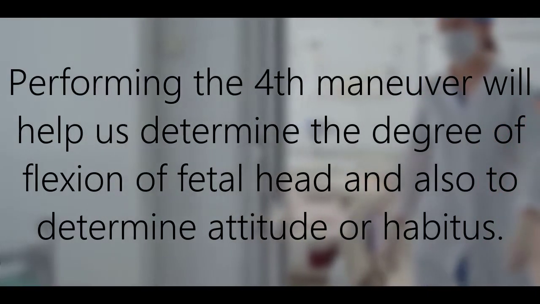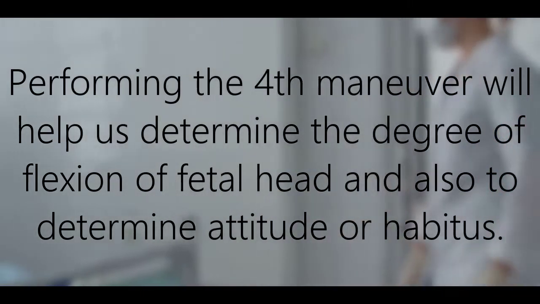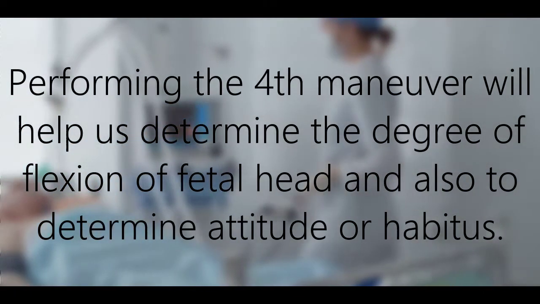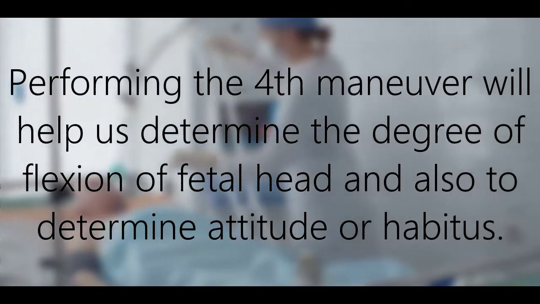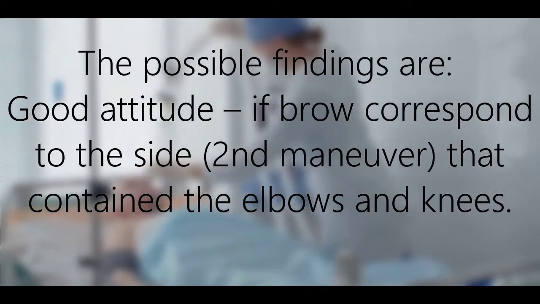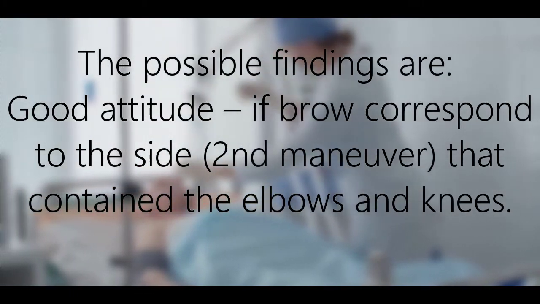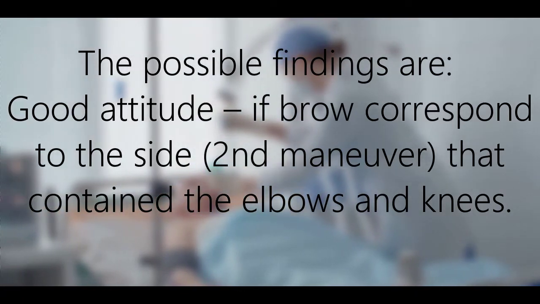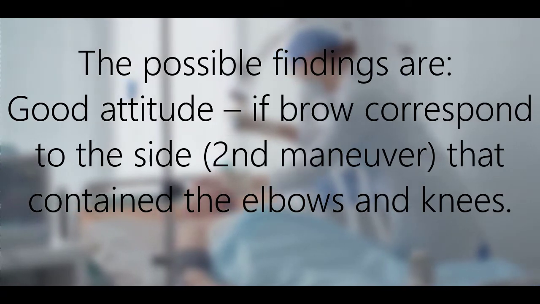Performing the fourth maneuver will help us determine the degree of flexion of the fetal head and also to determine the attitude or habitus. The findings are good attitude if brow corresponds to the side of the second maneuver that contain the elbows and knees.